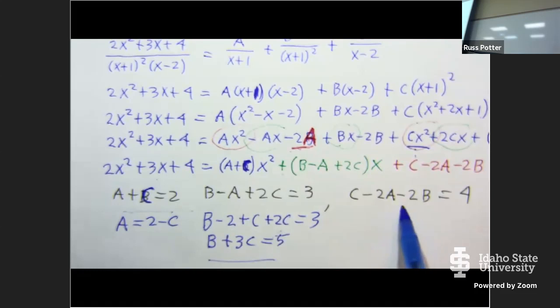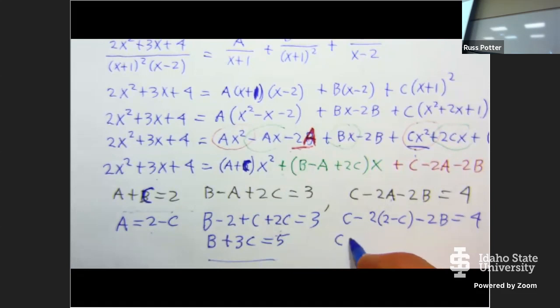And then in this equation over here, we'll replace a with 2 minus c. So I get c minus 2 times, I'll write it in more detail, c minus 2 times quantity 2 minus c minus 2b equals 4. And we'll simplify this.